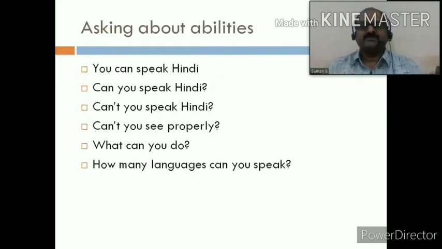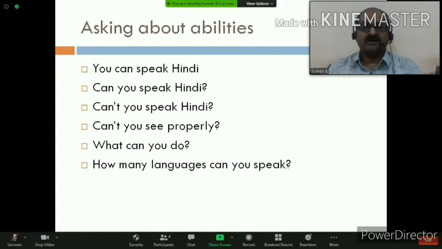Next, apart from expressing abilities and inabilities, it's also important to ask about others' abilities, which means framing questions in order to know about others' abilities. So, how can you frame these questions? Let's take a simple example statement. You can speak Hindi. This is a statement about somebody's ability.